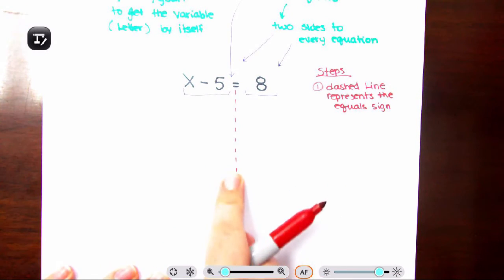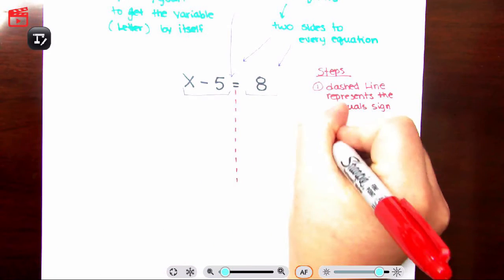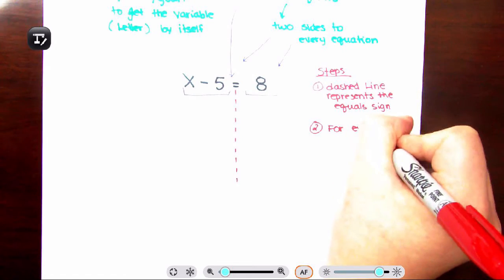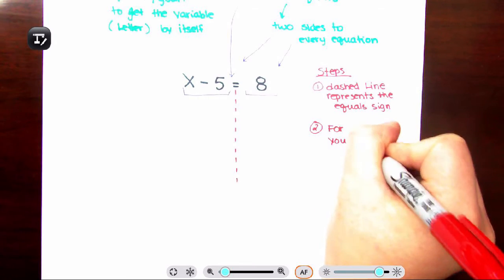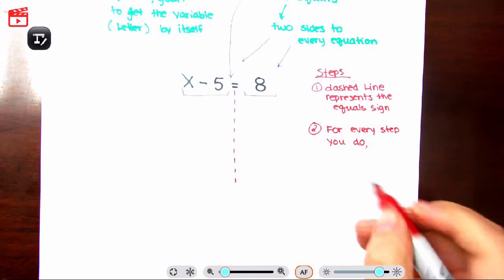It's just a longer way than just writing equals all the time. Here's your dotted lines. So step number 2, for every step you do it one time to both sides.